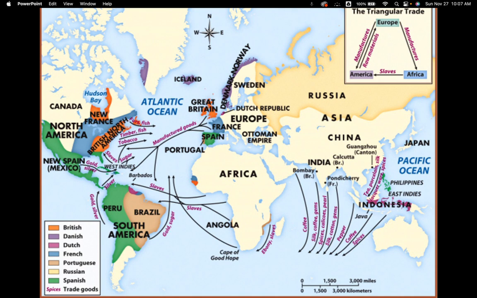For example, the route that took Europeans to the south of Africa around the Cape of Good Hope, and the route that took Europeans through the bottom of South America.